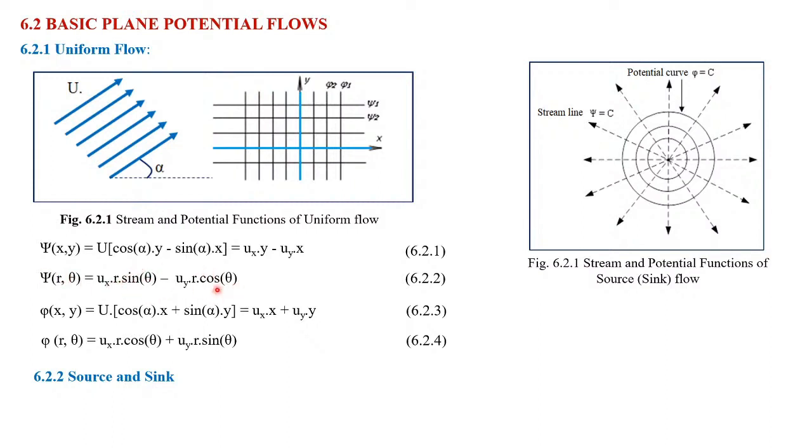And for the phi function in the Cartesian coordinate system and the polar coordinate system, we have two equations, this equation and this equation. And this figure shows you the streamline.